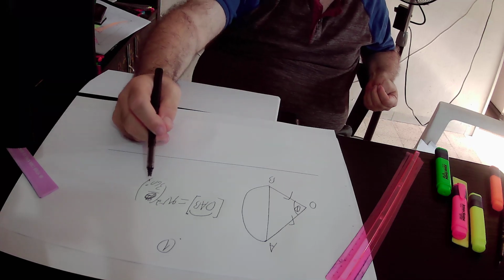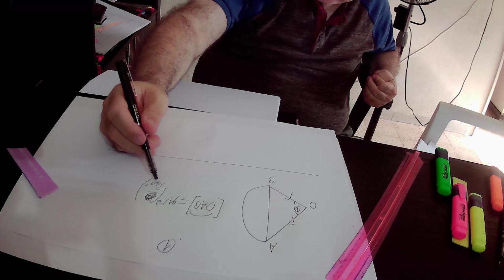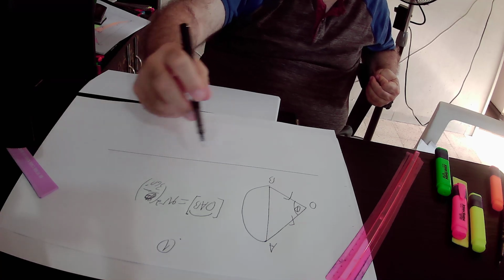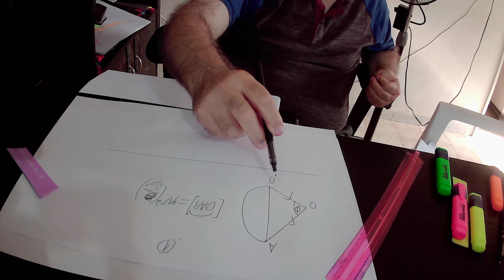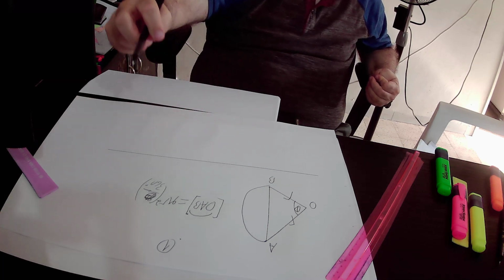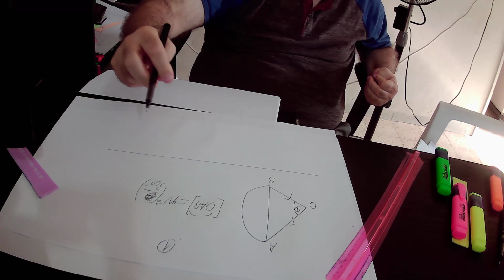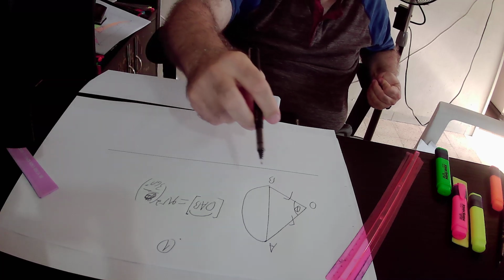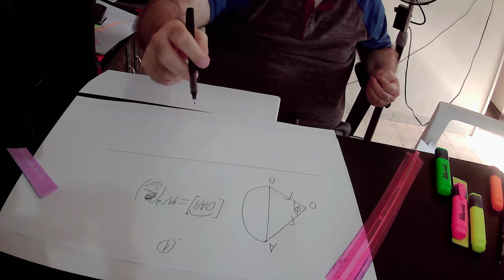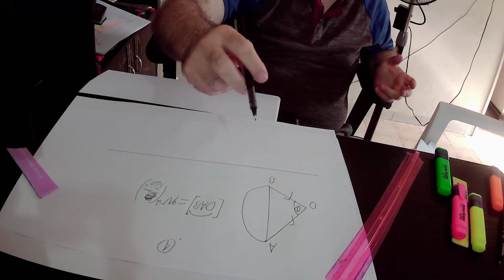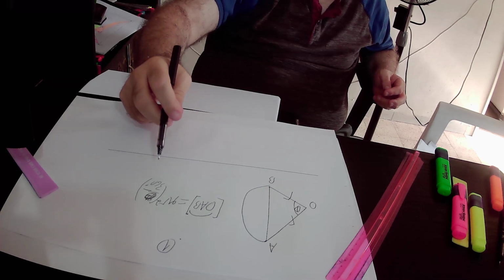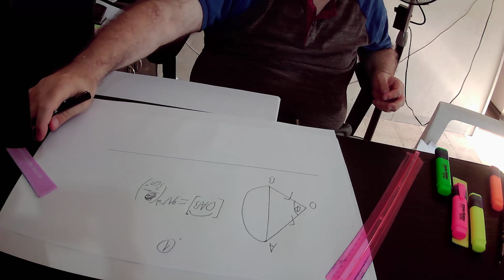So the area of sector OAB equals pi r squared times theta over 360 degrees.